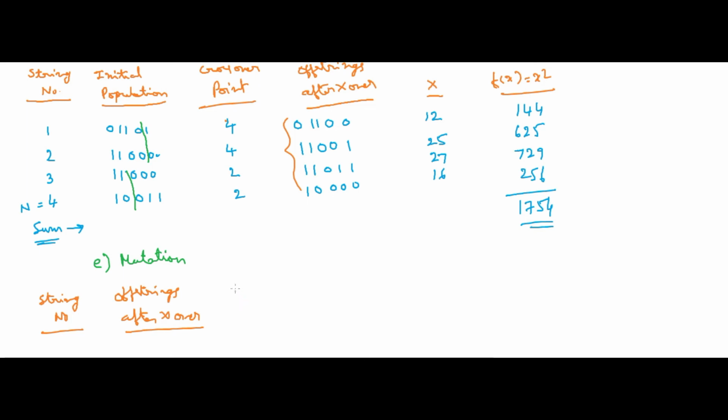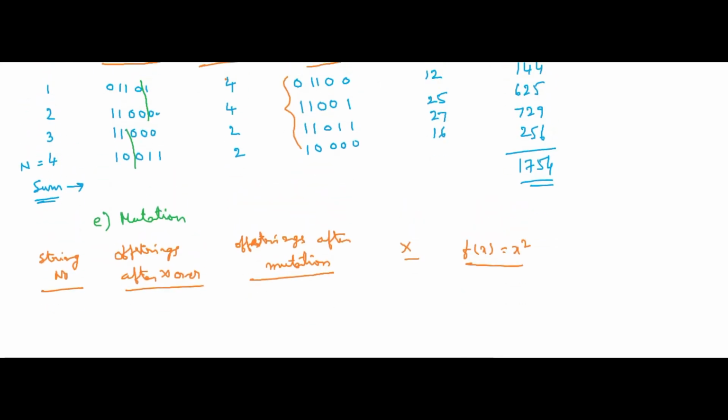Next, offspring string after mutation, next x, next this is fitness function f of x is equal to x square. That's all. So what we have to do, we have to take these values as input now and we have to proceed further.